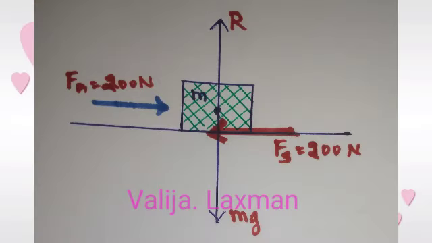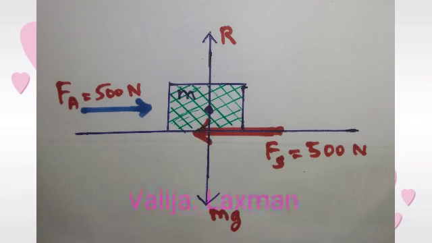If we increase the applied force to 200 newtons, the frictional force also increases in the opposite direction to 200 newtons. And if we increase the applied force to 500 newtons, the frictional force also increases to 500 newtons in the opposite direction.